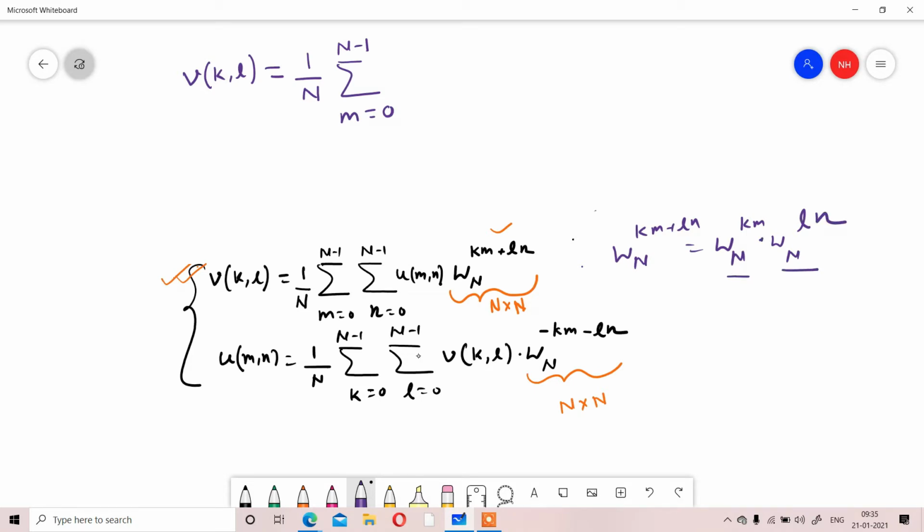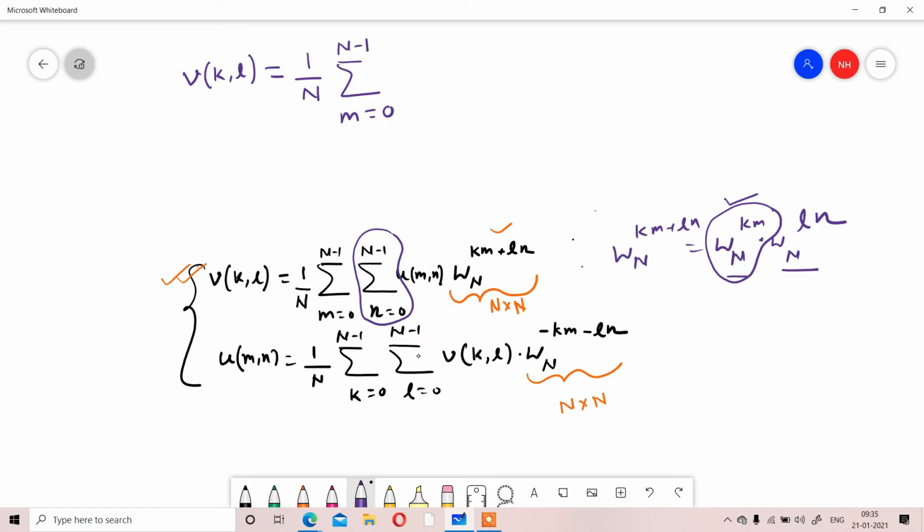You can see that Wn of Km is not dependent on the summation n equal to 0 to n minus 1, so I am writing that expression first and then the summation.